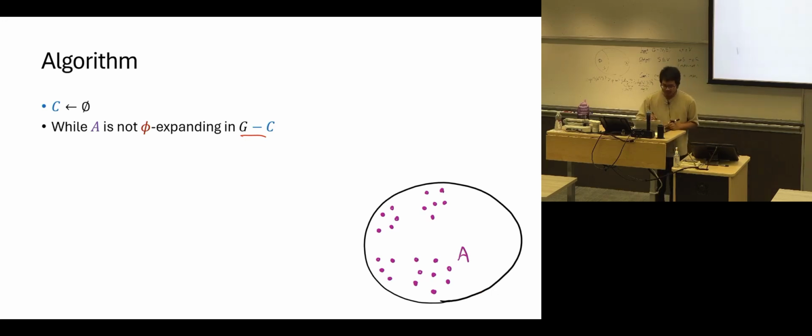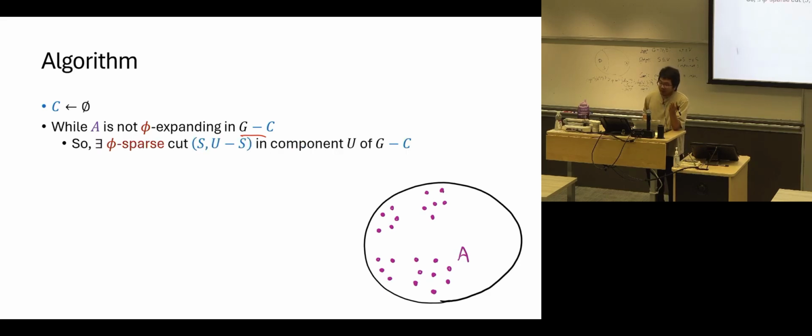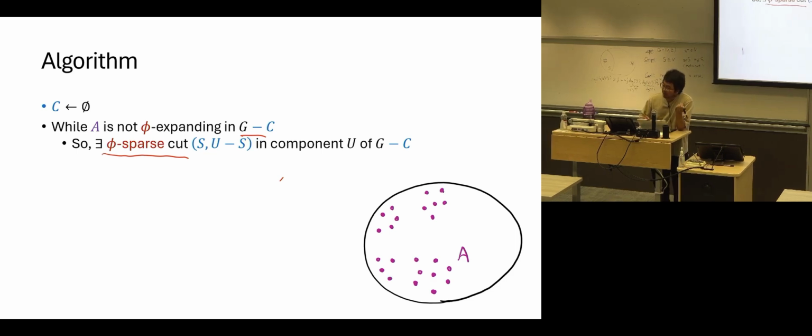But it might be the case that A is not expanding in G minus C. If it's not phi expanding, then by definition there exists a phi sparse cut. Right now the whole component is just the whole graph, so take a phi sparse cut like this.